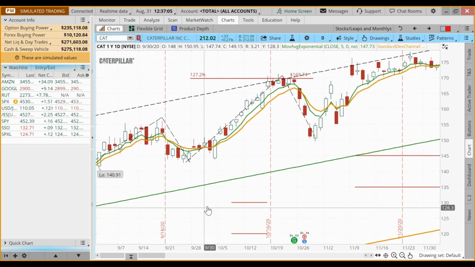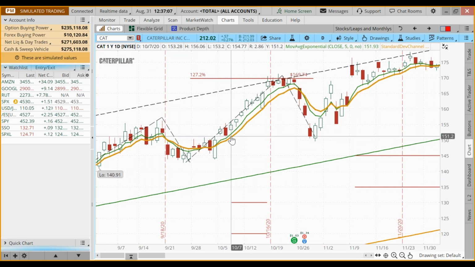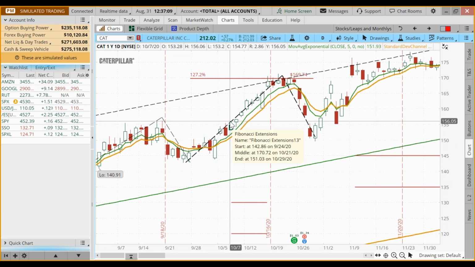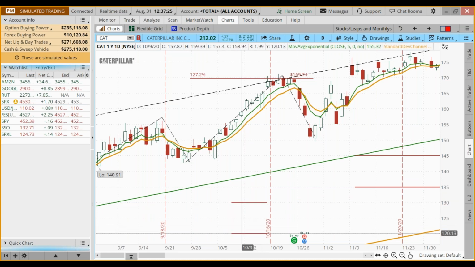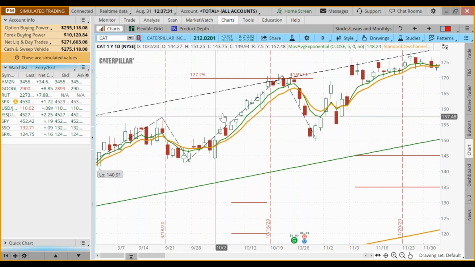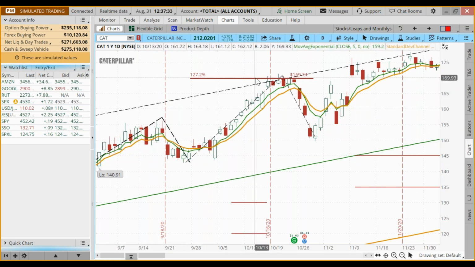October 7th, we had a measured move right here. I got in with a 15 January and I sold the 130 and bought the 120. Then I came back here and put in a Fibonacci, and there's the Fibonacci of 127.